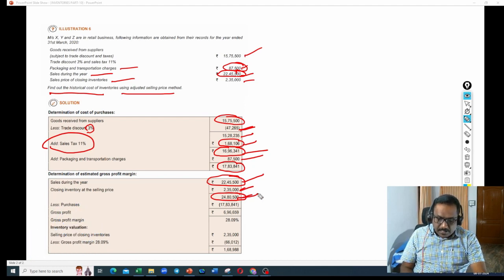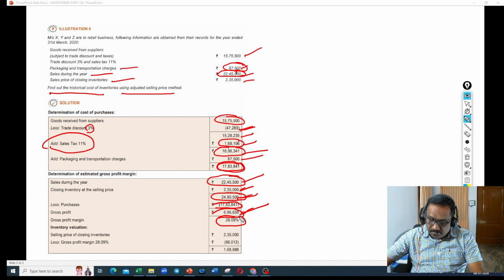From this figure, what you need to do is reduce the 17,83,841 of the cost of goods received. Cost of goods received we are reducing, 17,83,841. Then you will get 6,96,659. Now, you can calculate the gross margin, the gross percentage. Gross percentage will come to 28.09%.